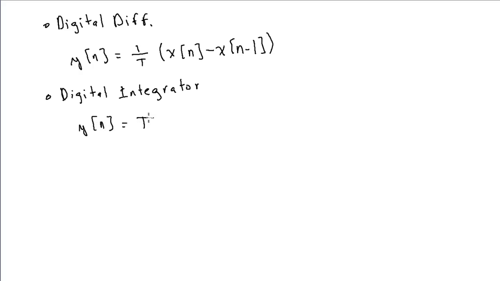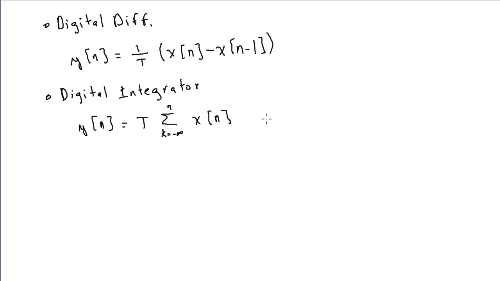We multiply the sum by our time interval T, summing from k equal minus infinity to n of x of k. This would be, I guess, equivalent to rectangular numerical integration, where we assume x of n stays constant between sample intervals.